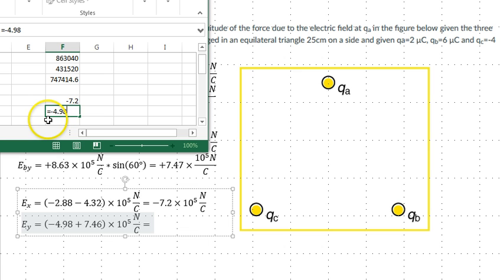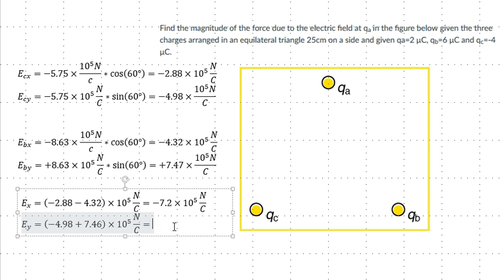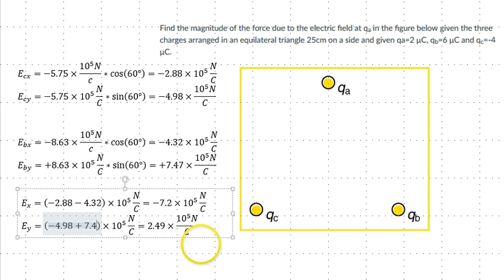Minus 4.98 plus 7.47, I typed that wrong, 2.49. That equals 2.49 times 10 to the fifth newtons per coulomb.